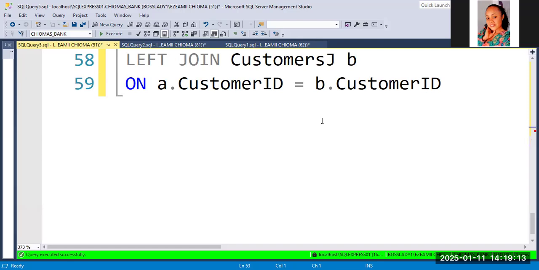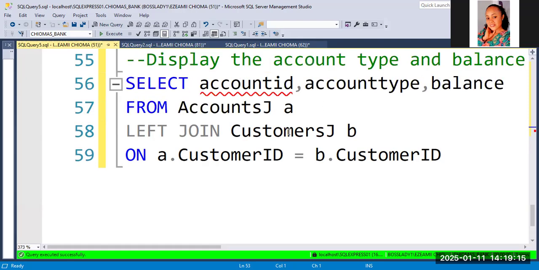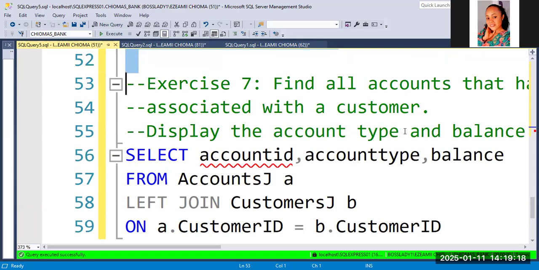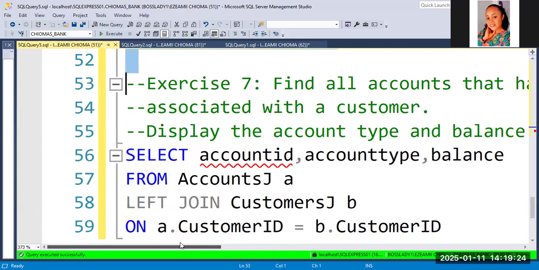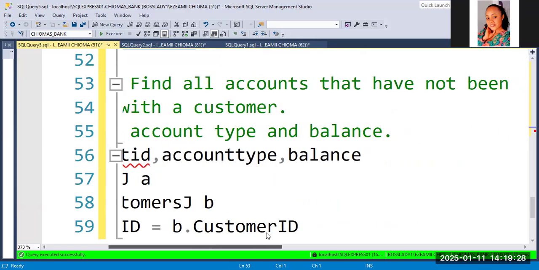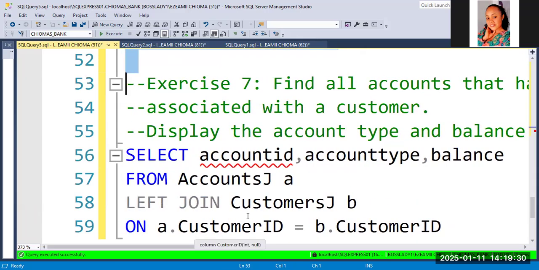So let's display the account type and the balance. Find all accounts. Let me read the question again. Find all accounts that have not been associated with a customer. Display the account type and balance. Okay.